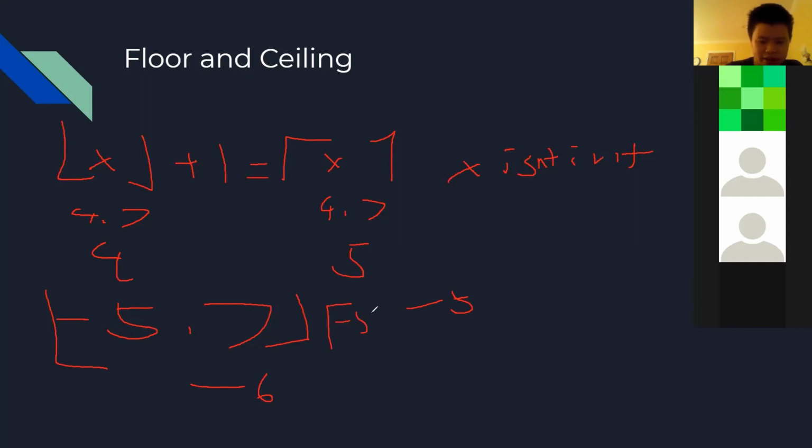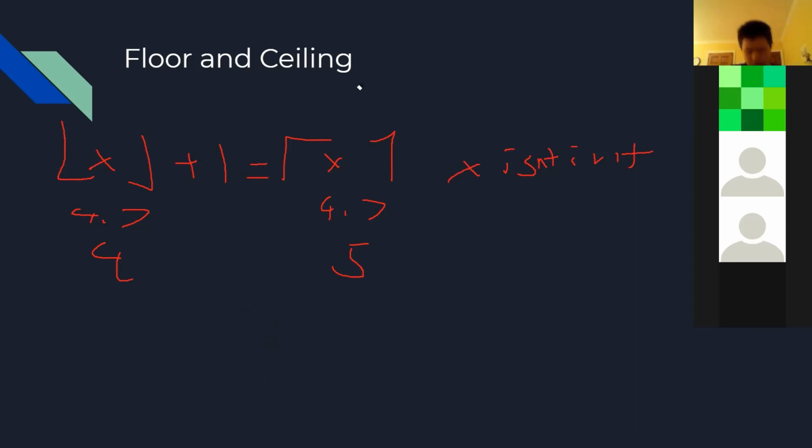Similarly, the ceiling is -5. As a sort of trick question, what is the fractional part of negative 5.7?